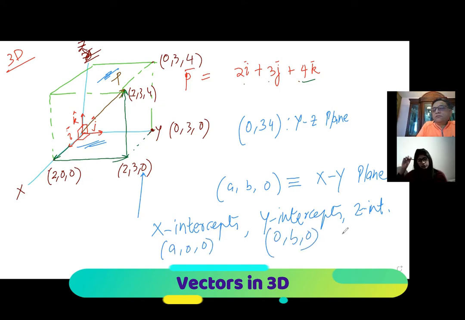Is it okay now? So sometimes the questions will ask such things, right? What is the x-intercept of this? What is the y-intercept of this? Especially when we move on with planes and intersections, so that gives you an idea where that vector is in space.